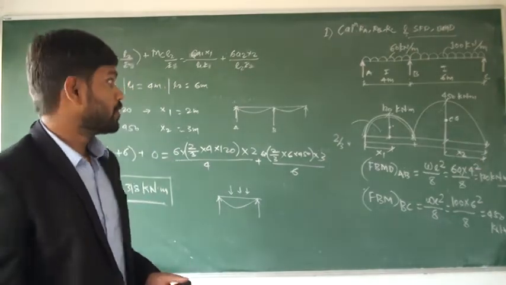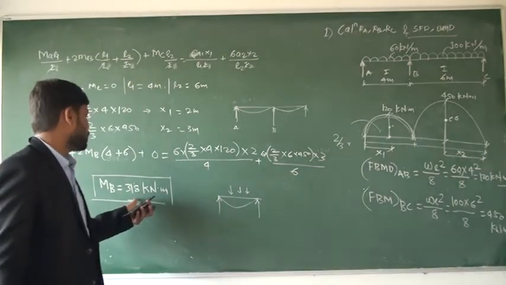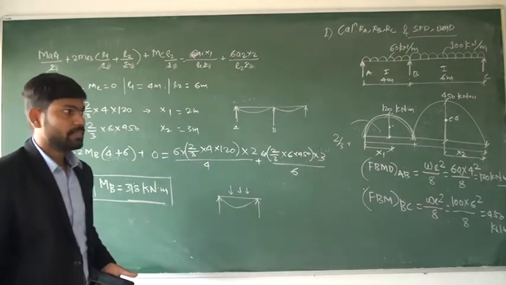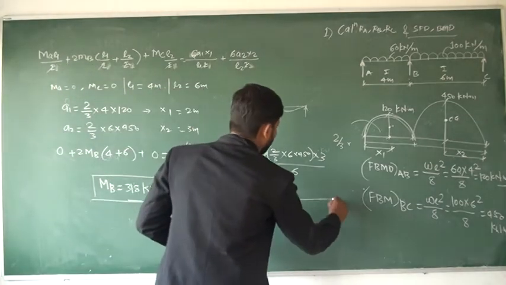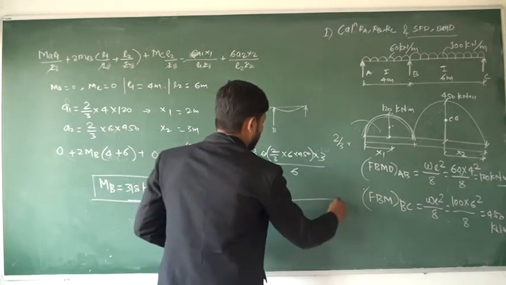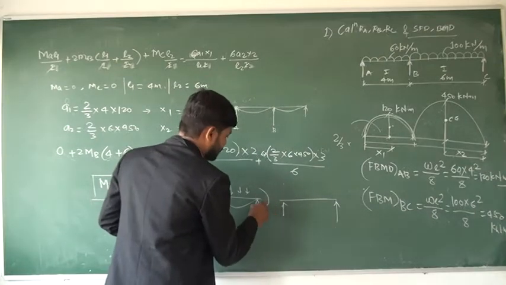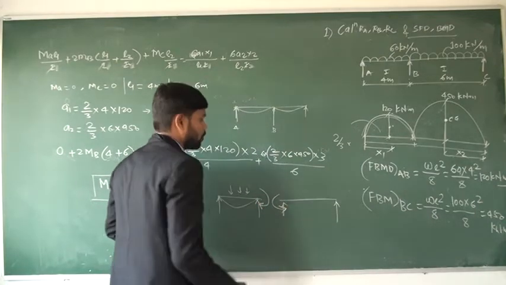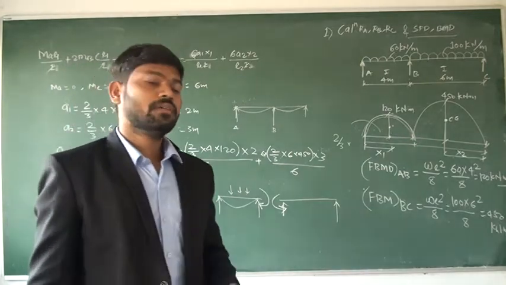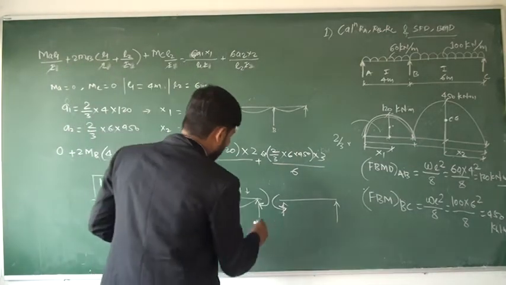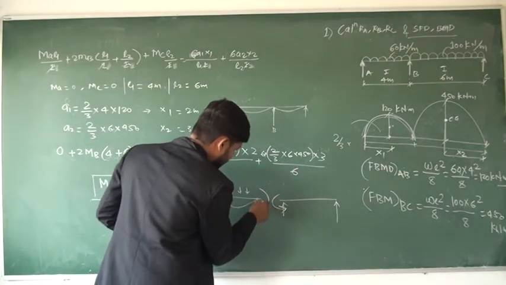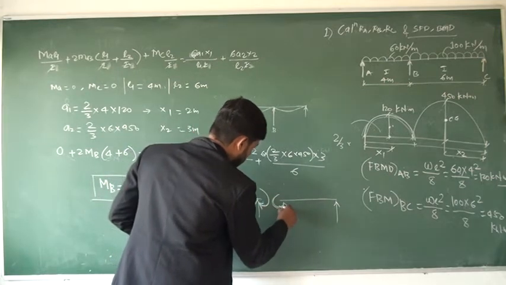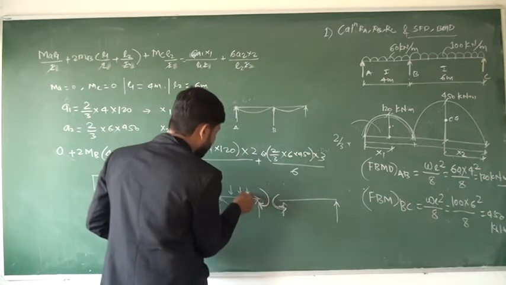Now, what about the support moment? What is the nature of the support moment 318? So support moment is going to act like this for each support. Okay, so it means it is a hogging moment. It is a hogging moment. So it is going to bend the beam like this.